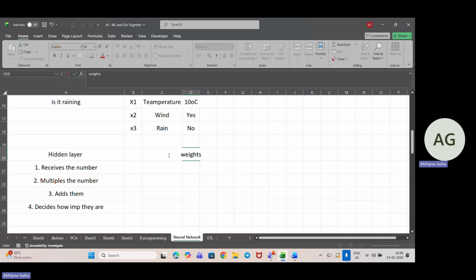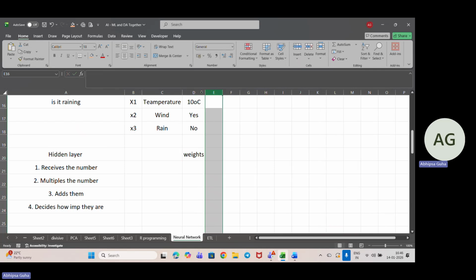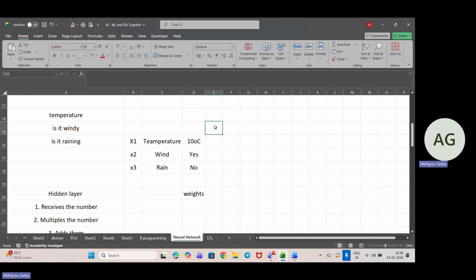Suppose for temperature, I am taking the value of weight, let's put it as W. This is, suppose, 0.8, because temperature is a very important factor for me to wear the jacket, right? So I'm taking it as 0.8.